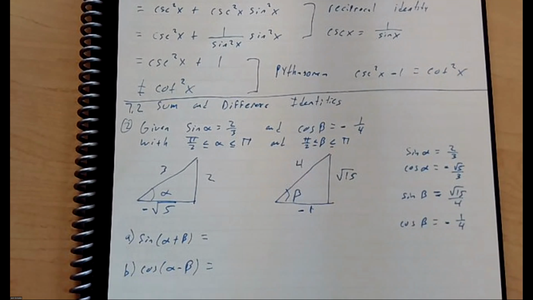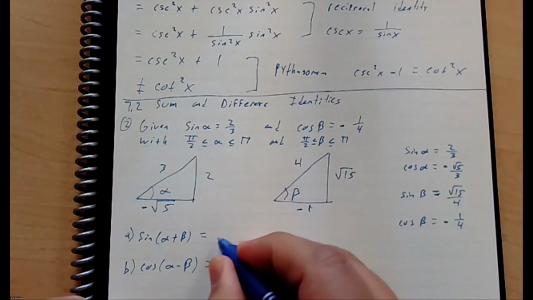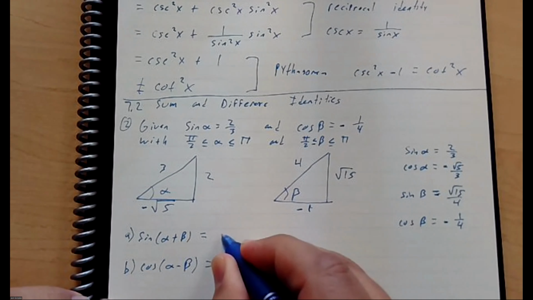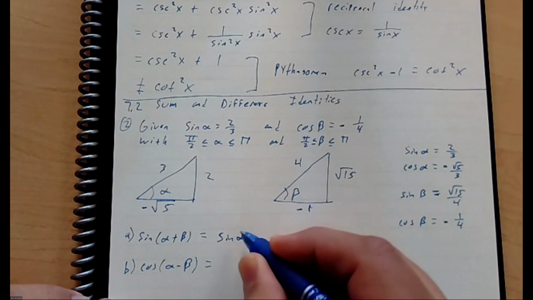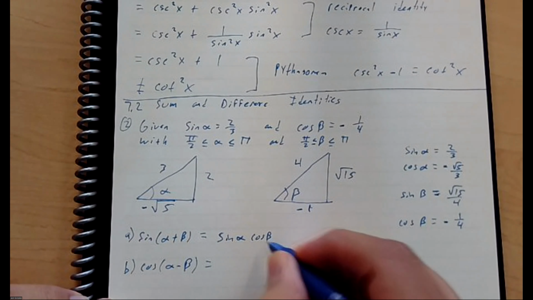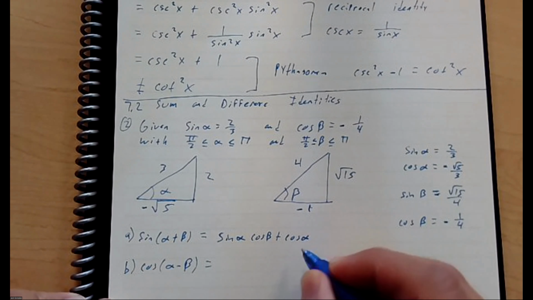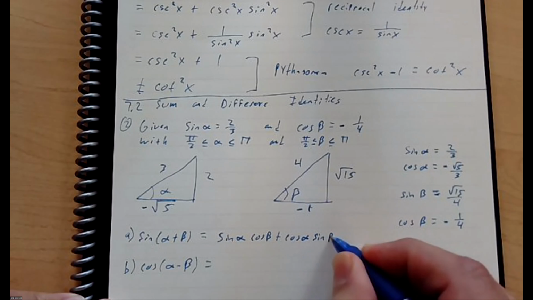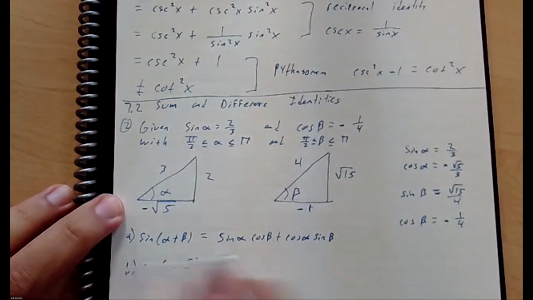So sine of alpha plus beta in the formula. I don't have that memorized. Let me look it up here. That will be sine alpha cosine beta plus cosine alpha sine beta. Let me make some space.